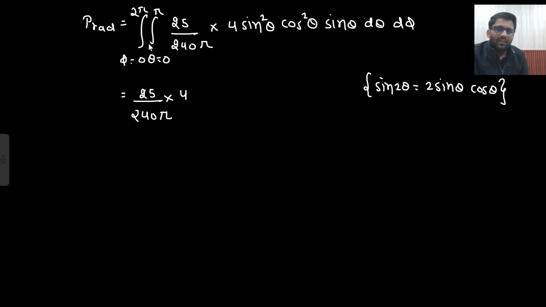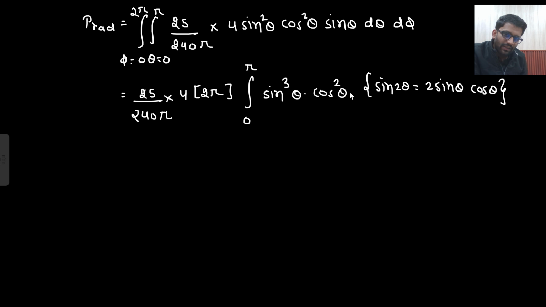What about the integration with respect to d phi? There is no function of phi, so integration with respect to d phi will give you 2 pi. Now what about this one? For 0 to pi, the function is sine cube theta cos square theta d theta, right?